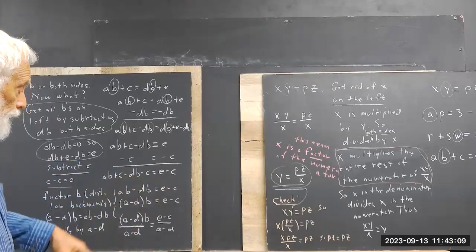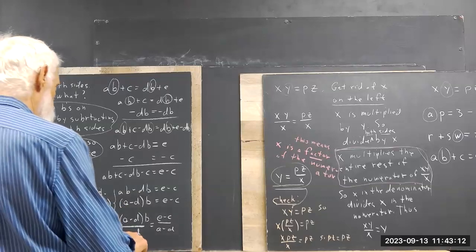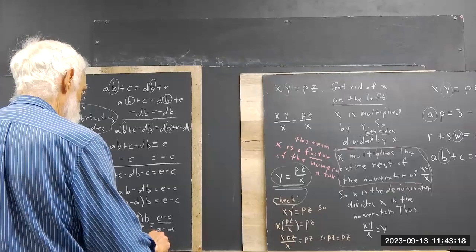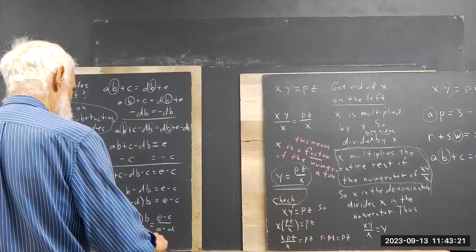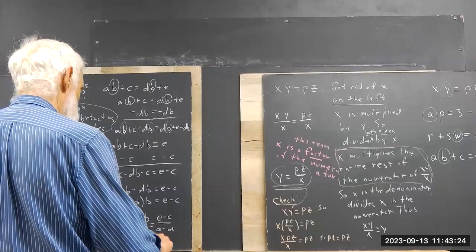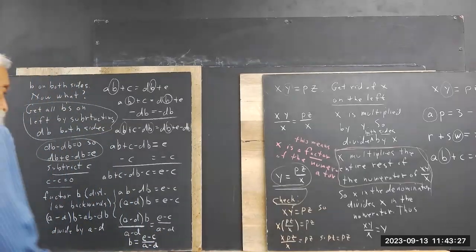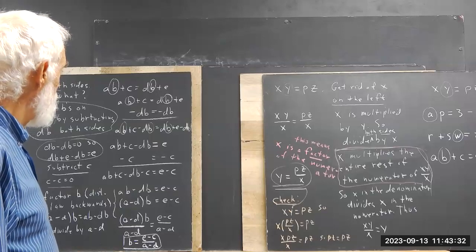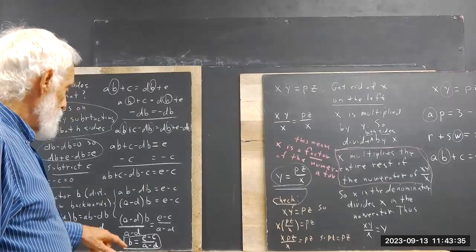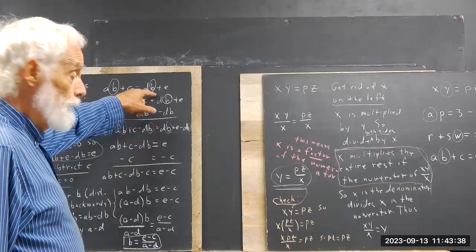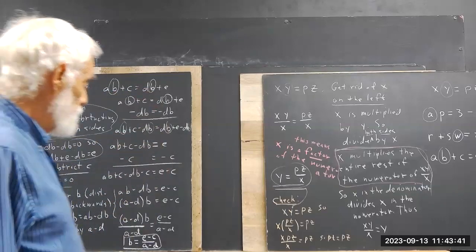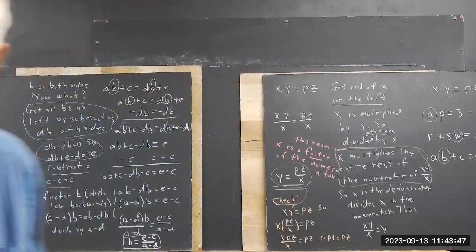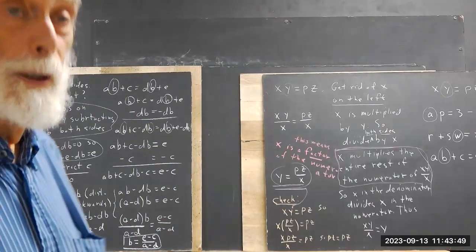And A minus D is the denominator, so A minus D will divide A minus D, and we get B equals E minus C over A minus D. There's our solution. Now we can check that. Plug this in for B here, plug it in for B here, and do some stuff, and we verify it. That's a little more complicated, and I'm not going to do it right now, not because I don't think it would be a good idea, but because we have other things we have to cover.